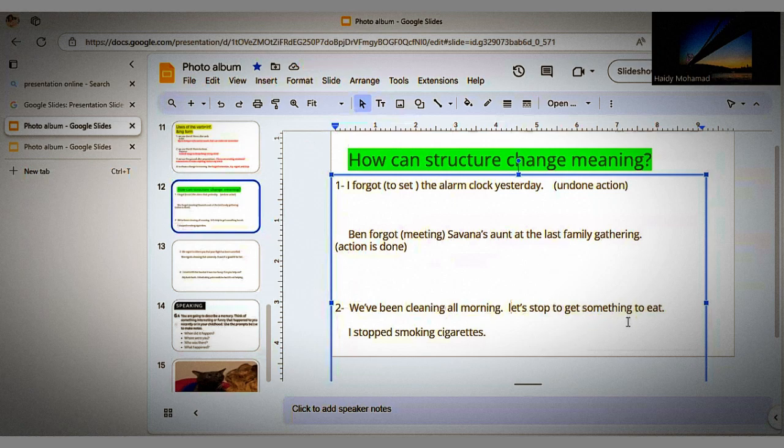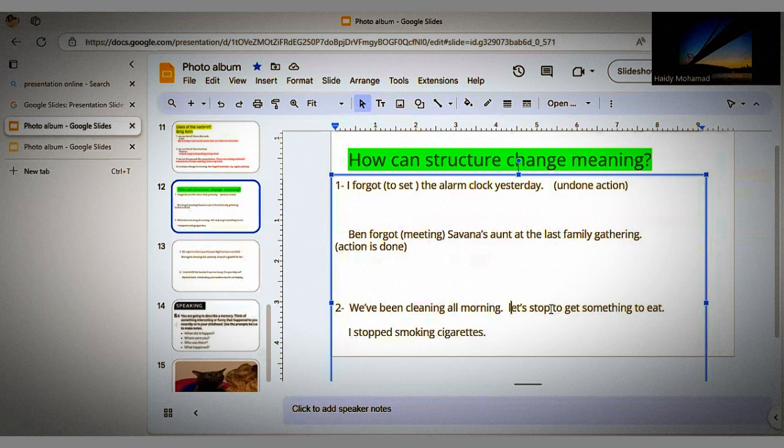Let's stop to get something to eat. So, of course, we have here two actions, cleaning and eating. The first one is actually finished, because there is another action I'm going to do.